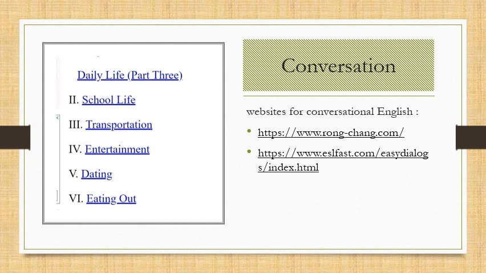But there are also some websites. There's a lot of good stuff by somebody named Rong Cheng. She has a lot of different conversations that you can look at by topics. And in general, there's also ESL Fast, which is related, and she has really easy dialogues you can listen to and see the conversation.